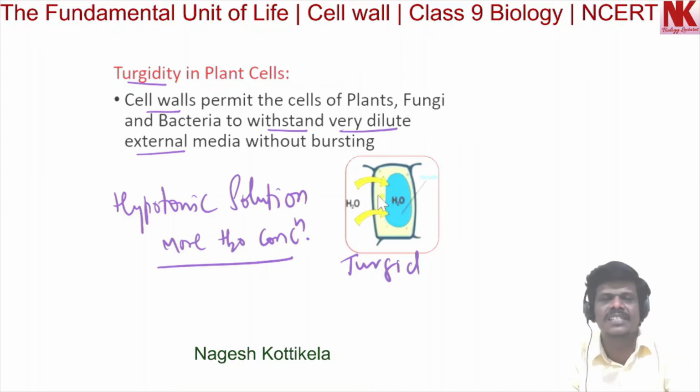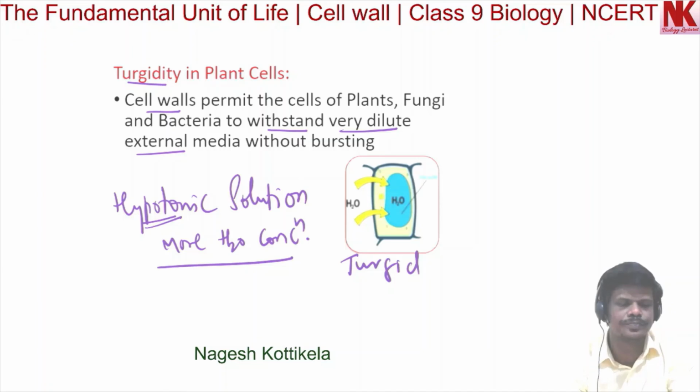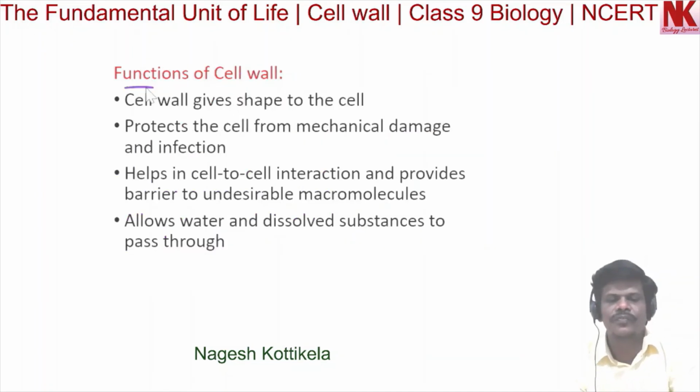So as a result, the cell becomes swollen, and that is what we call a turgid plant cell. The cells become turgid. So this is seen in case of the cells that are placed in hypotonic solutions. Now moving to the next, functions of cell wall.